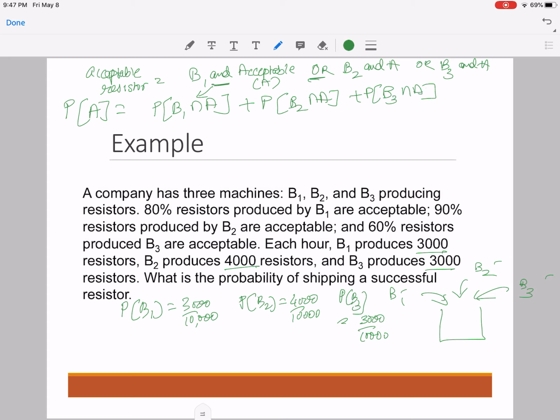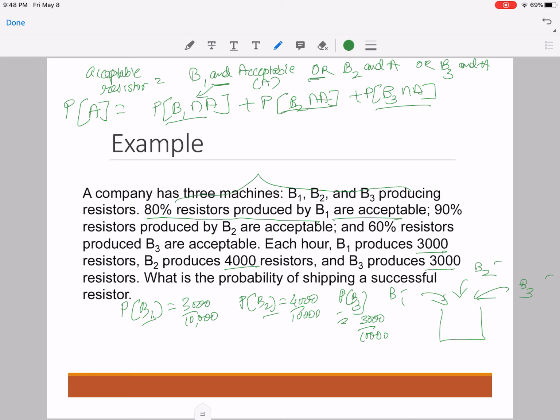If you notice, these terms are not directly given to you in this problem statement. Instead, you're given the probabilities of events B1, B2, and B3, or specifically the probabilities of choosing these sources. You're also given the probability of getting a good resistor given a source. For example, read this line right here: 80% of resistors produced by B1 are acceptable.